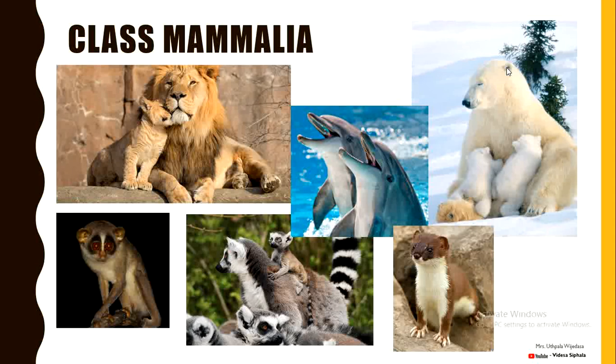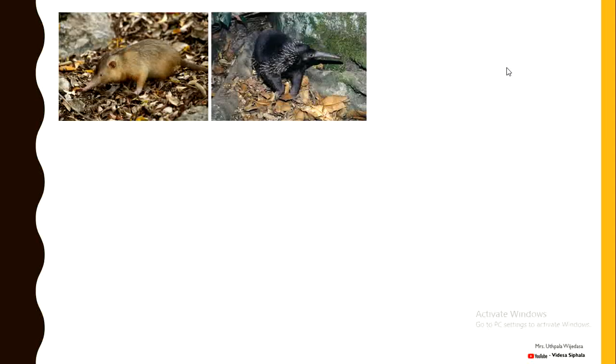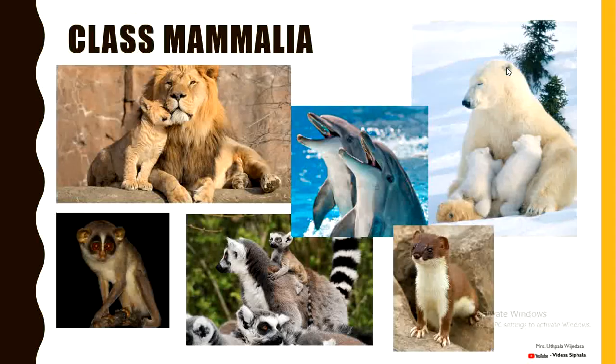They also have a bony endoskeleton and their body is covered with hair or fur. These hair are present inside hair follicles. They possess mammary glands to feed the young ones.